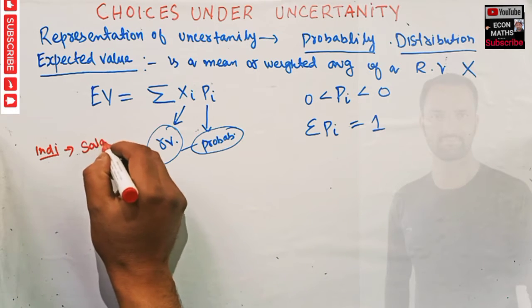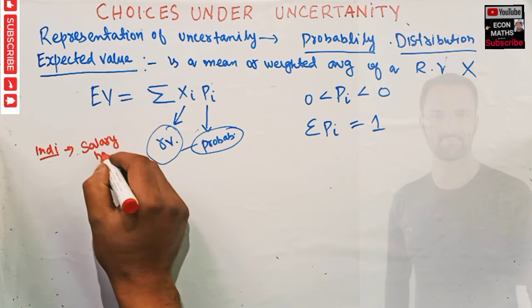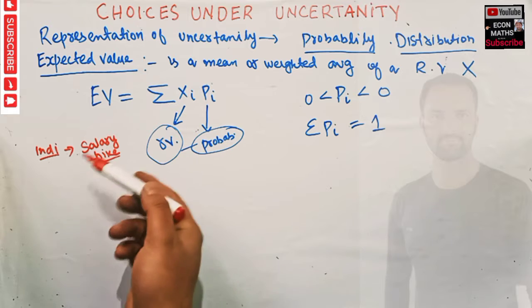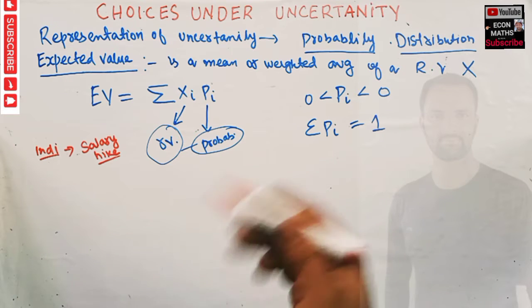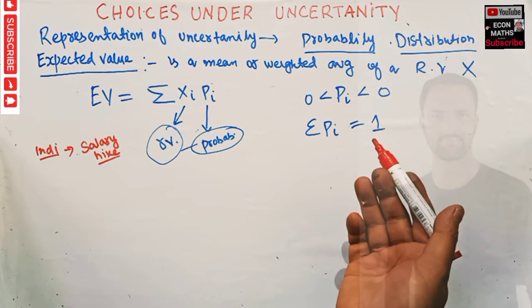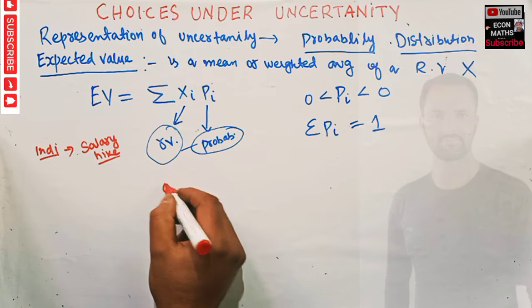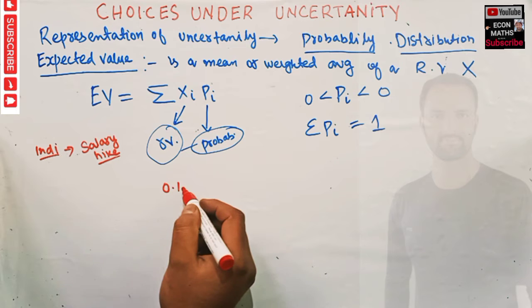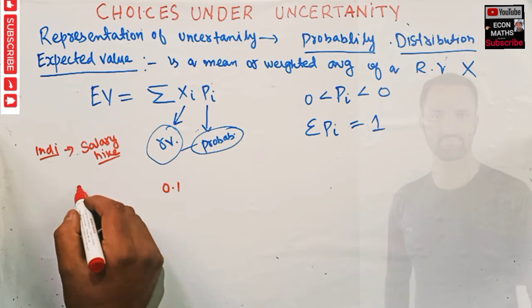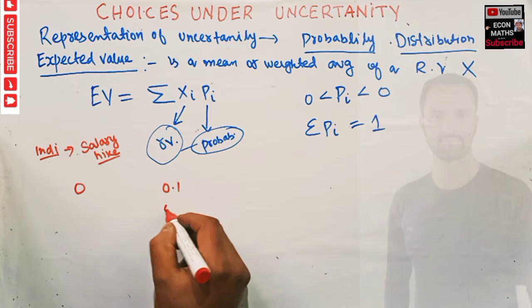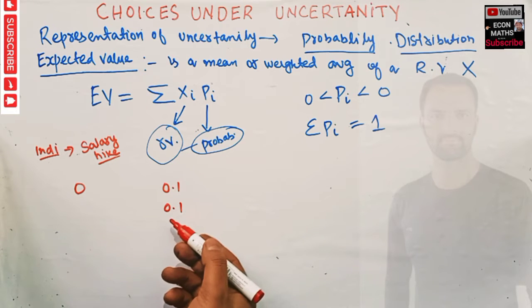What is the probability associated with this? This is an uncertain event. So let us say there is 0.1, that means a 10% chance that his salary will not be increased. 0.1 obviously means 10%.